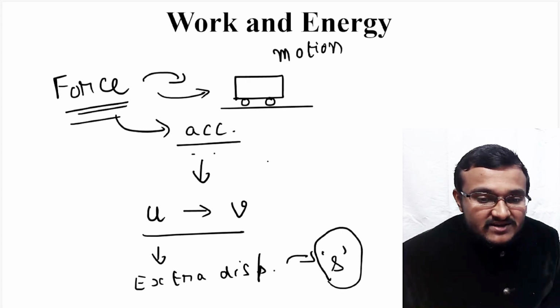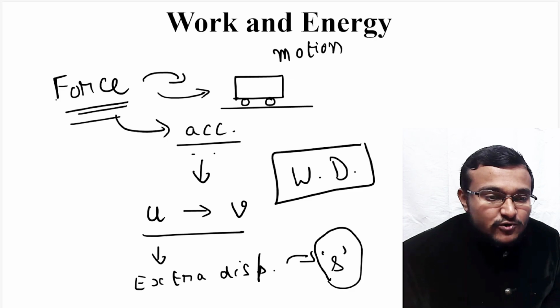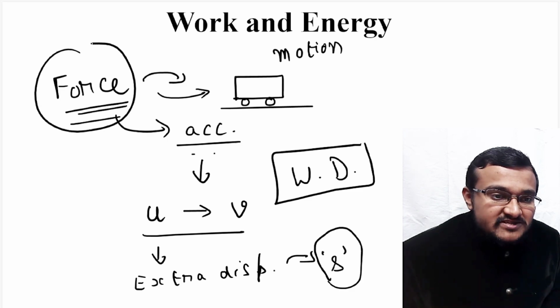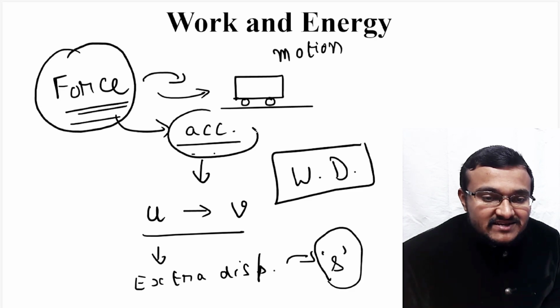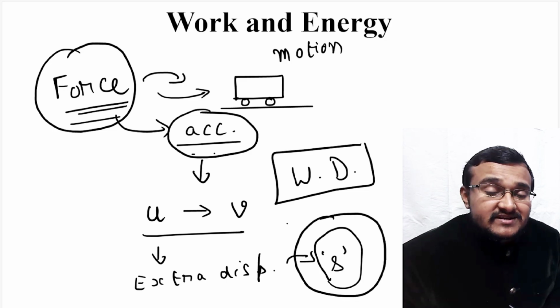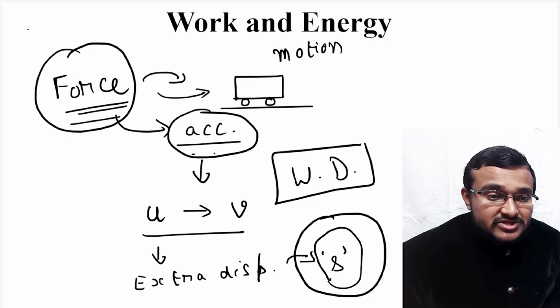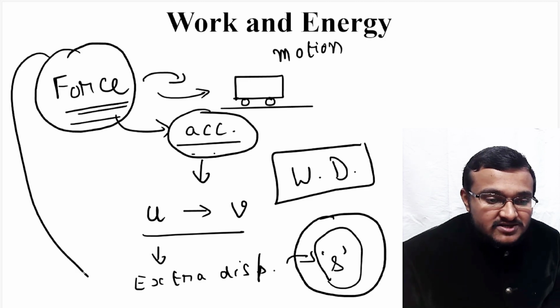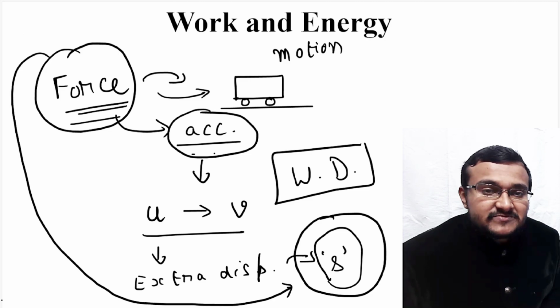So here work has been done, because displacement and force are coming into the picture. Because of this force there is an acceleration, and because of this acceleration there is a change in speed. Because of the change in speed there is a certain amount of displacement happening. So because of this force, this extra displacement is happening.